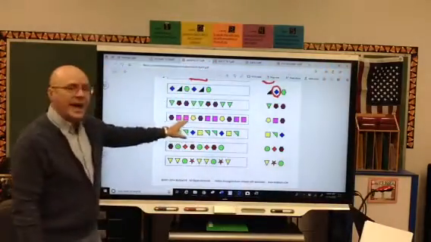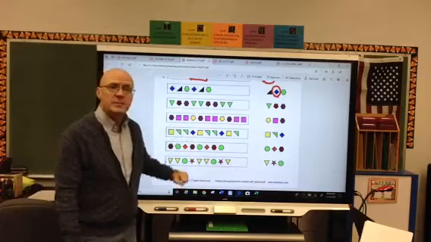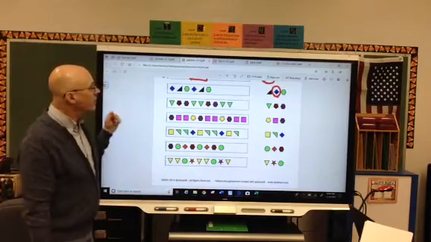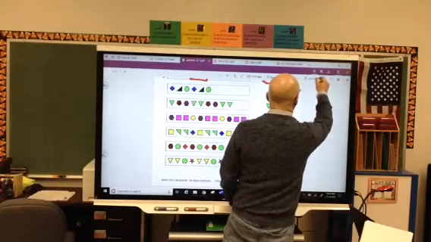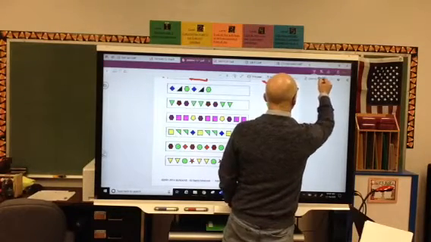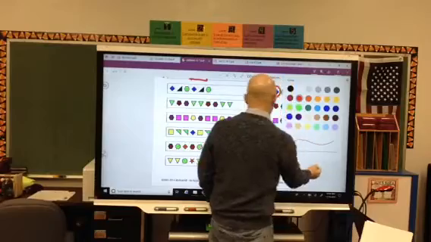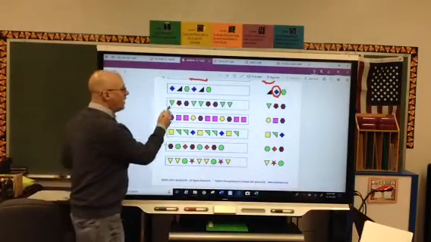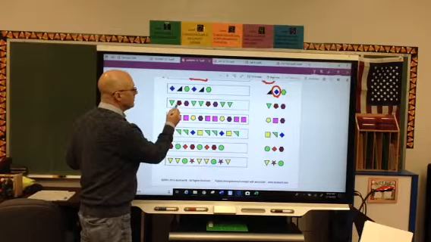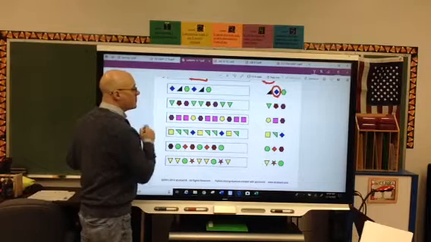So we are looking back, and we're saying, what comes next here? We've got a triangle, an upside down house, and a stop sign.